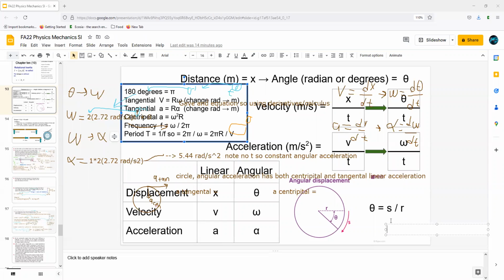So this one says what? Tangential? Yeah. So tangential equals R alpha. And then centripetal is omega squared R. Cool.